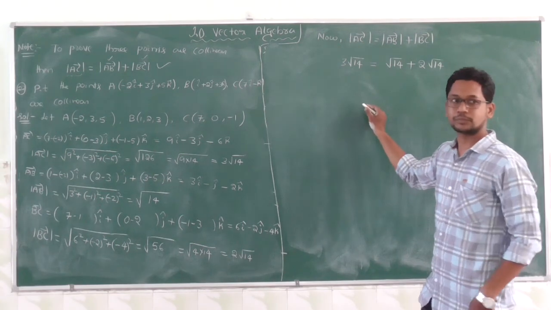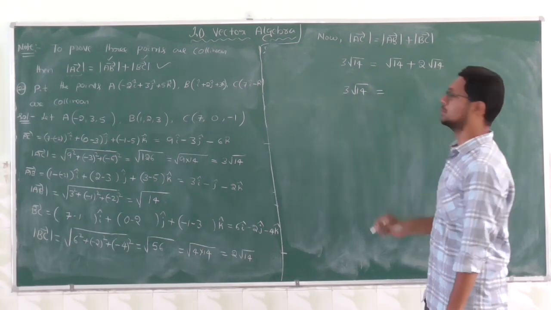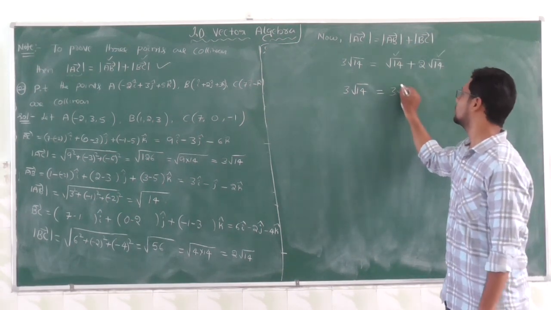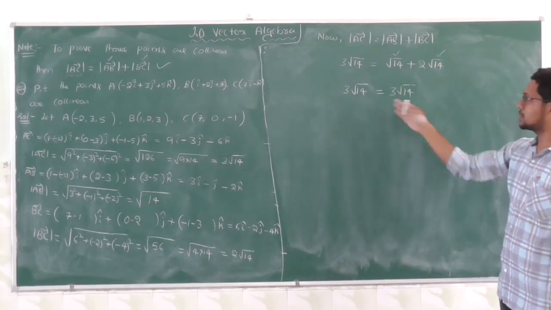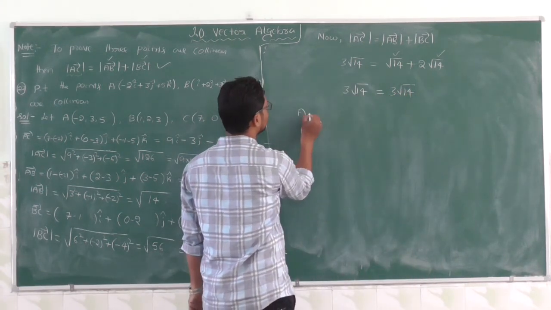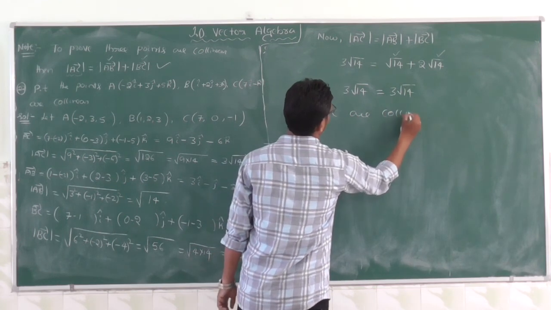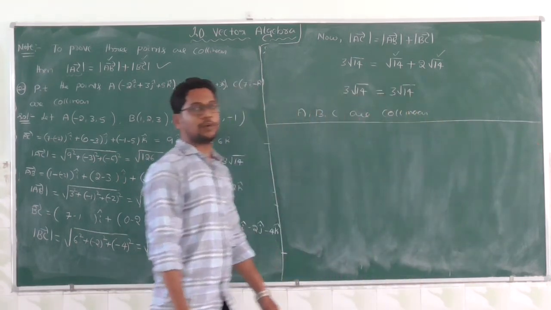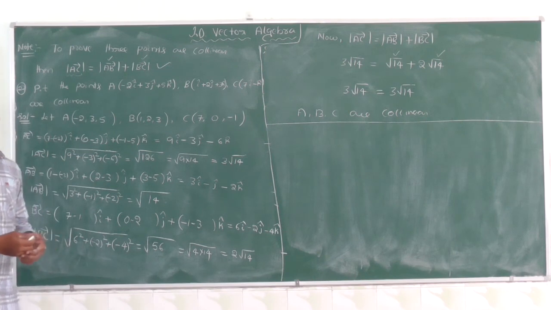Next, 3 into square root of 14 equals root 14 plus 2 root 14, which is 3 root 14. Is this equal? Yes, equal. Therefore, we say that the points A, B, C are collinear. Hence, this is the procedure to find whether 3 points are collinear.